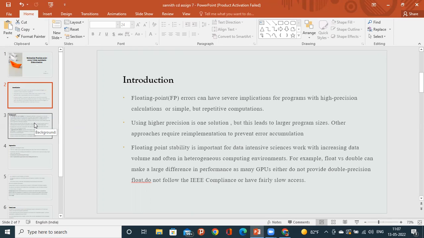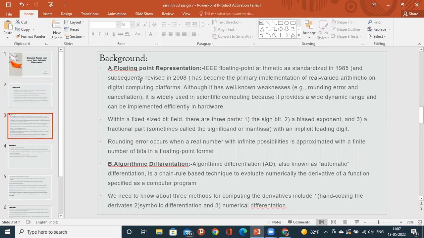Before we go to the approaches to tackle this, we need to know about the background of it. Usually there is floating point representation and algorithmic differentiation in the background. Floating point representation has become the primary implementation of real valued arithmetic on digital computing platforms, although it has well known weaknesses, for example rounding errors and cancellations. Within a fixed size bit field, there are three parts: the sign bit, a biased exponent, and a fractional part, sometimes called the significand or mantissa, with an implicit leading digit.